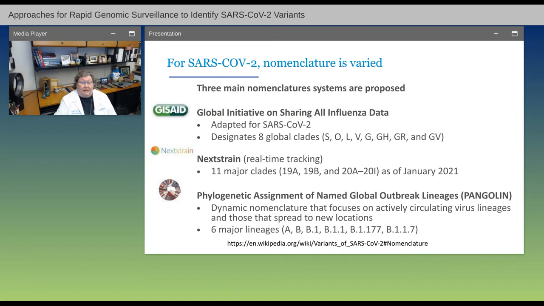And then Pangolin, Phylogenetic Assessment of Named Global Outbreak Lineages, is the one that we've been talking about, the B.1.1.7 and others. So those are the major lineage definers, and they're all different genomic databases, and they all have different nomenclature namings.